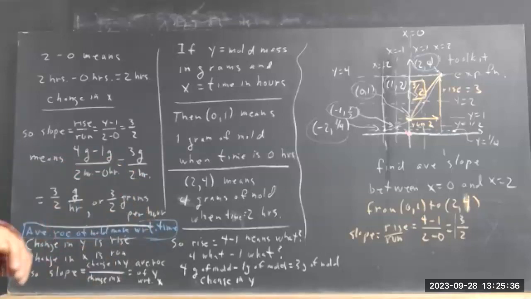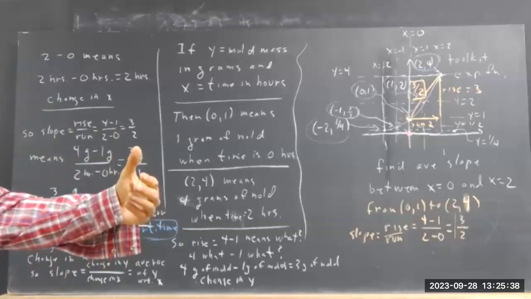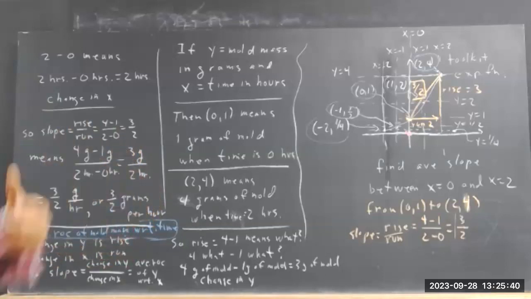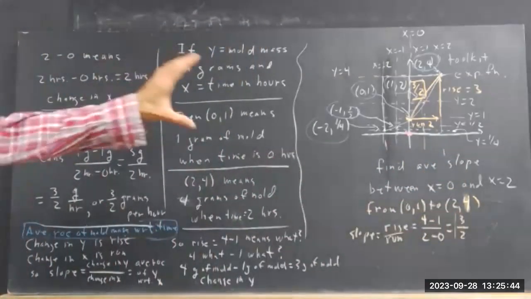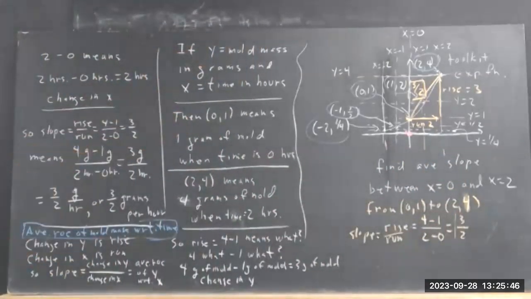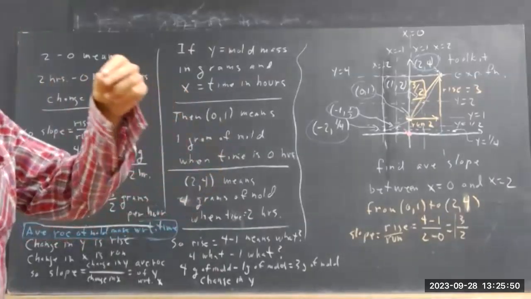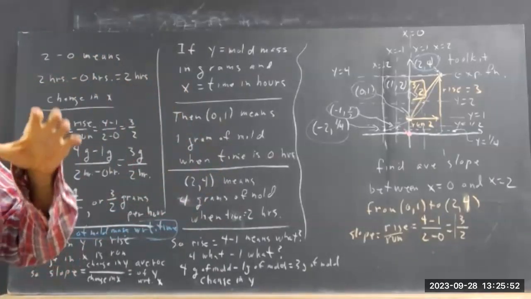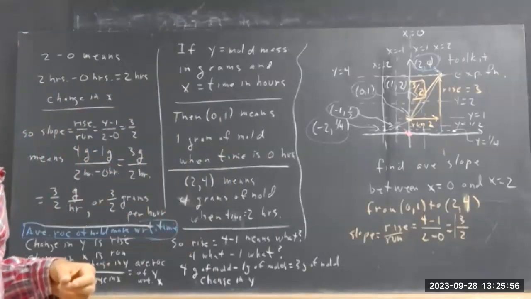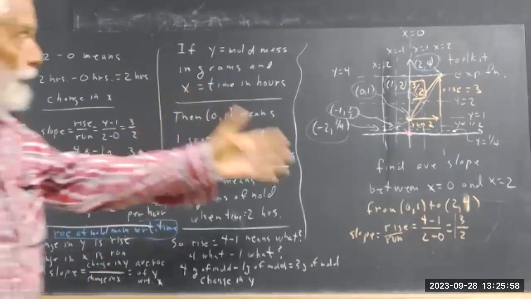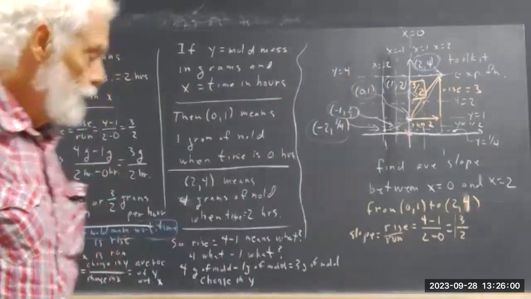On that interval, on the interval [0, 2]. Okay. Interval [0, 2] means 0 equals 0, 2 equals 2. And this whole thing kind of comes full circle, and we see how slope and the average rate of change just mesh. They're essentially the same thing if you have an interpretation.